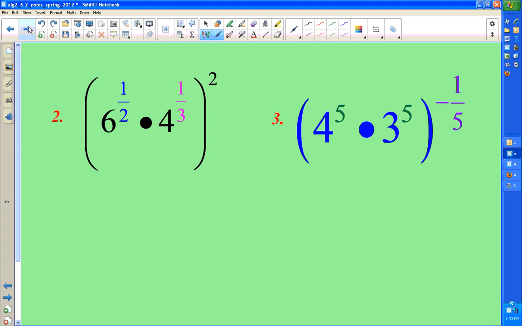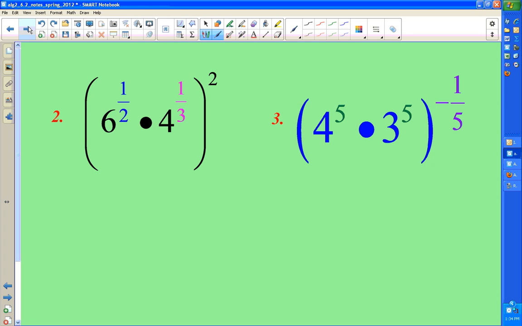Now, problem 2, problem 3, these examples are power of a product. You have options on how to handle it. Some of you are going to multiply 6 times 4 and get 24. And then add 3/6 and 2/6 and get to the 5/6 power.